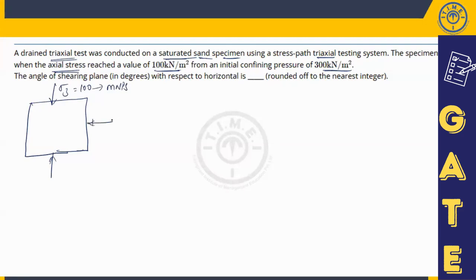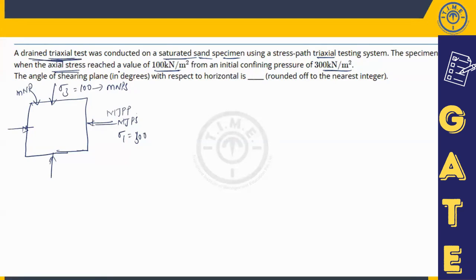The initial confining pressure is horizontal pressure, that is major principal stress, MJPS, where sigma 1 is equal to 300. The angle of shearing plane is asked. This is the minor principal plane, this is the major principal plane, and it is given what type of test.